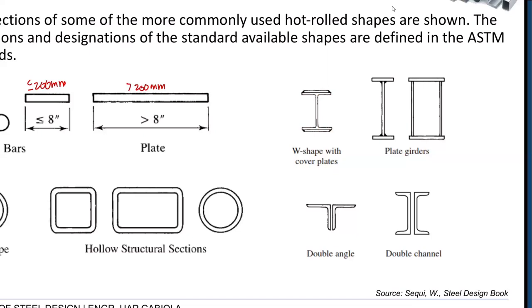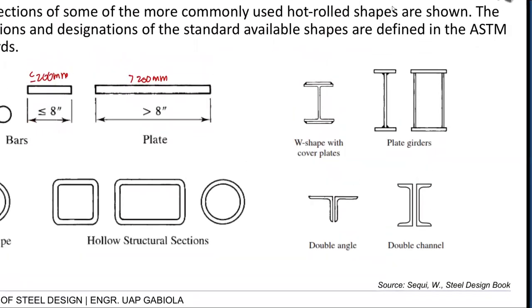So to help the section pass the required loadings, maybe increasing the thickness of the flange will help. Okay, so that's why nagwe-weld sa taas nung mismong steel plate. Then we have ito yung mga double angle and double channel na usually ginagamit for trusses. Okay, so usually our sections we are just installing back to back with each other na may spacing lang, ano.